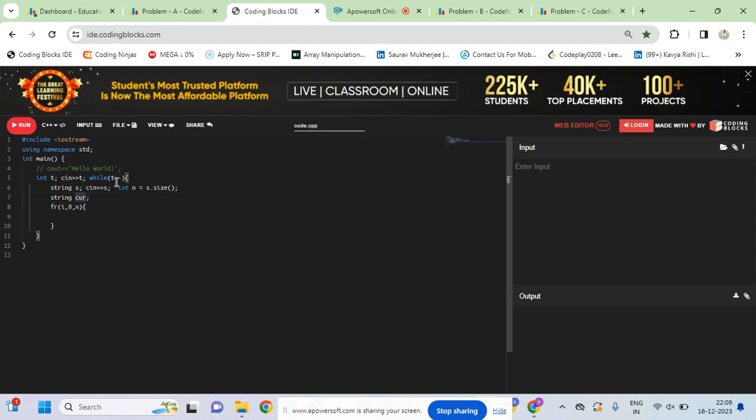I got an idea: we can do something like current is equal to s, and let's call it the ending part, and let's call the starting string str. The end is looking like the complete string. Let's take the example 2000 and 2001. Initially everything is in current. In one operation, we push back into str, but we have to pop back from this.